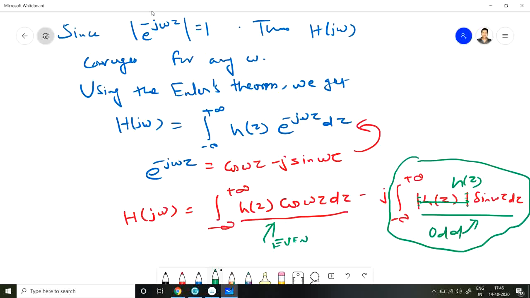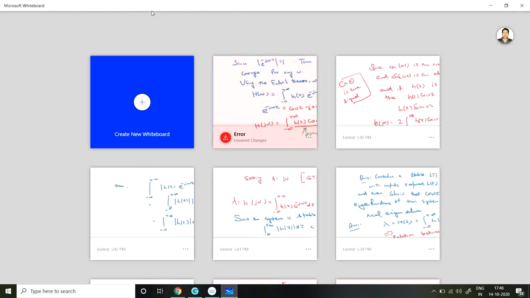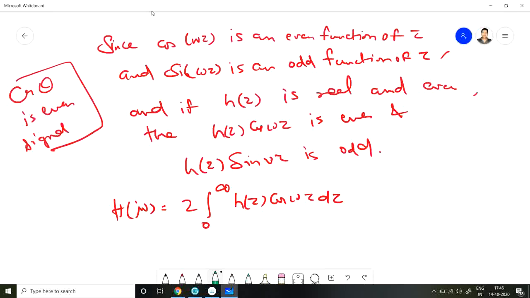Only this term will remain, and because it is even, we can write 2 times the integral from 0 to infinity of h(tau) cos omega tau d tau. So we have H(j omega) equals 2 times the integral from 0 to infinity of h(tau) cos omega tau d tau.